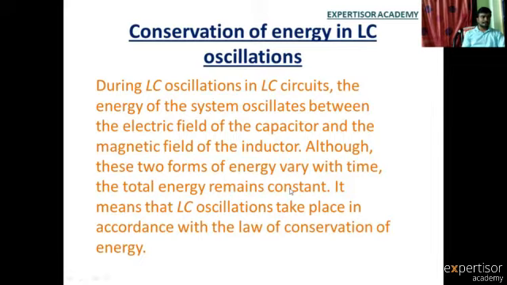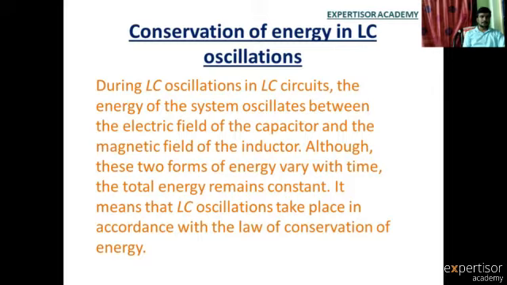In this AC voltage source, the current is developed or released. It is passing through the inductor and capacitor. At the inductor, a magnetic field is generated. At the capacitor, an electric field is generated.